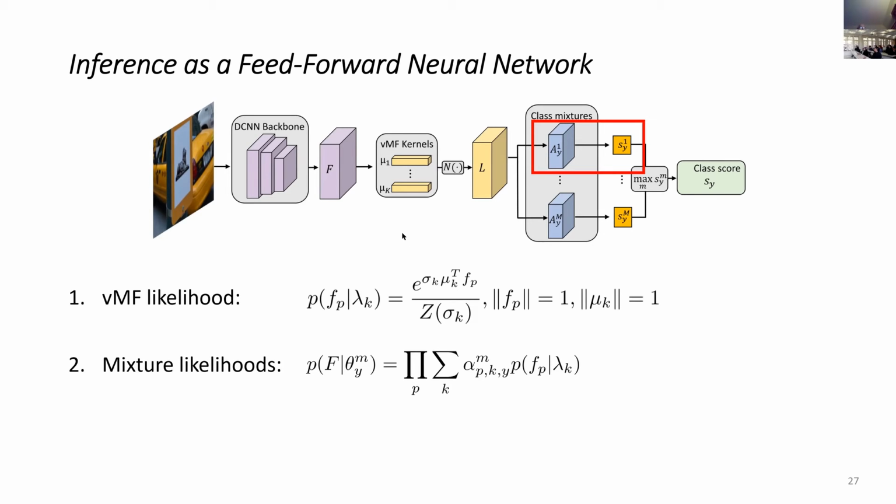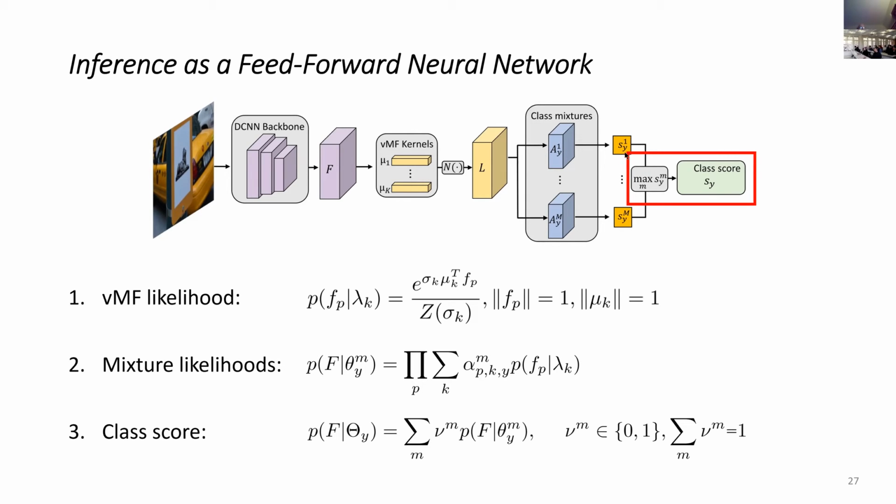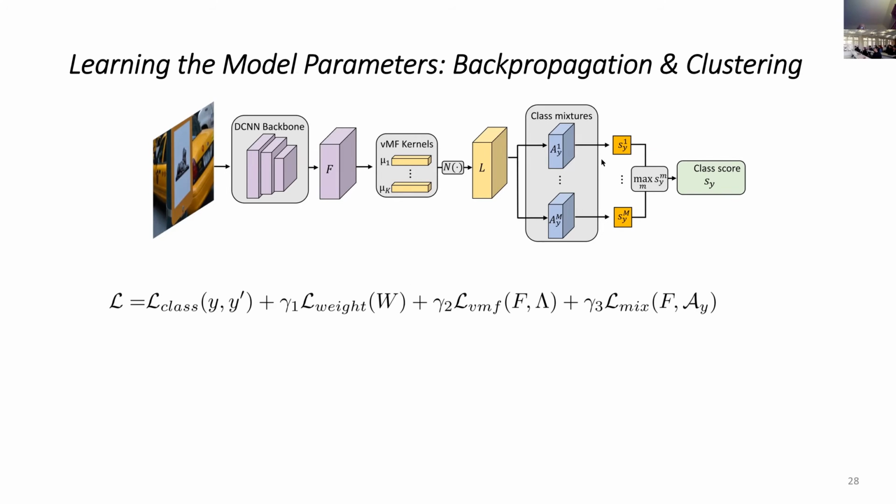You now have interpretable parts, VMF likelihoods of kernels, mixture likelihoods, and also class scores. Now, at first sight, this looks like a far more complicated thing to learn than a deep network. You know, in deep networks, the output is a differentiable function of the input. So this justifies using backpropagation, which essentially is just differentiation.